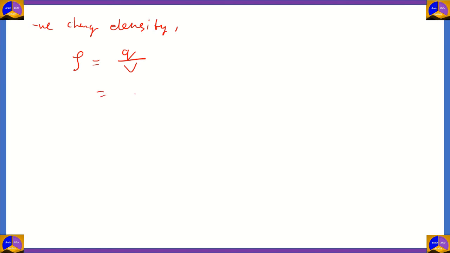So you can write the charge as minus Ze, since that's the entire negative charge, and then you have 4 by 3 pi R cubed, which is the volume of the sphere. So you get minus 3 by 4 times Ze divided by pi R cubed. So this is the value of the negative charge density.